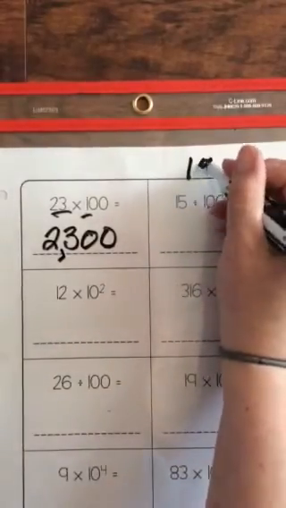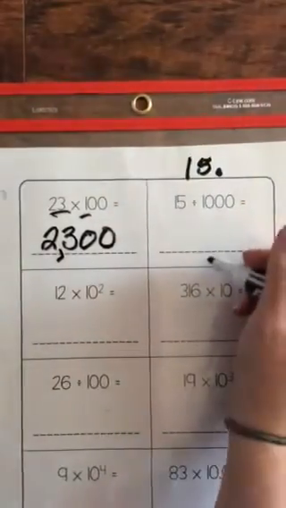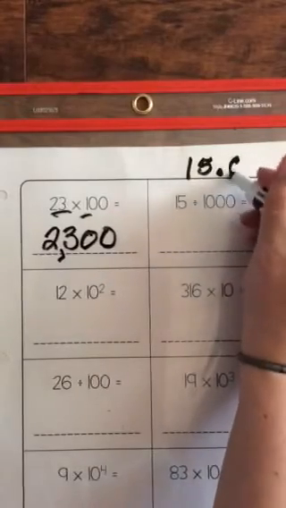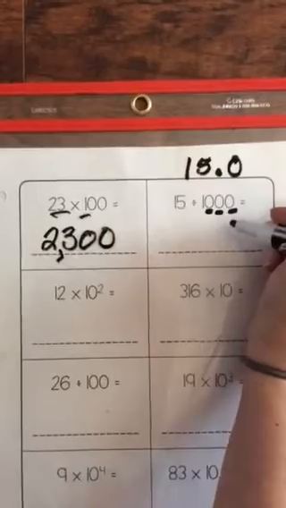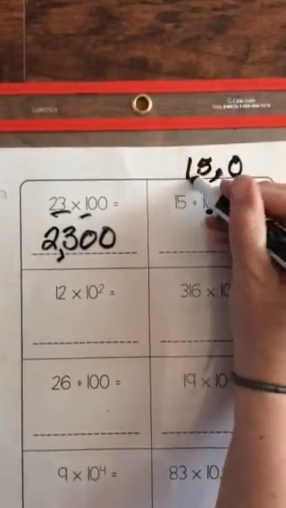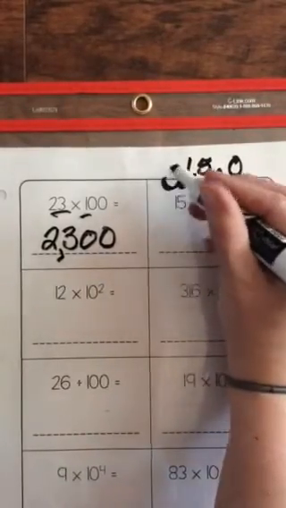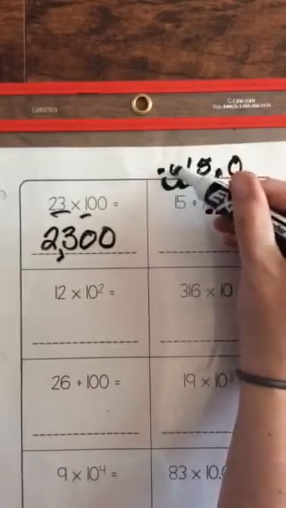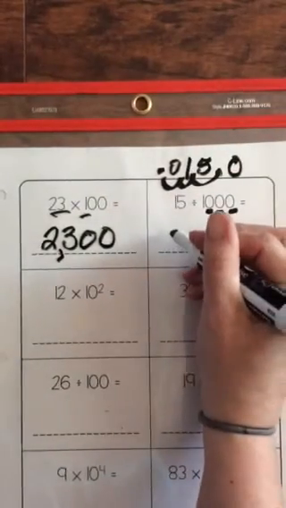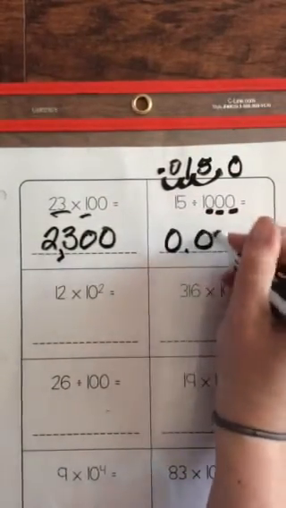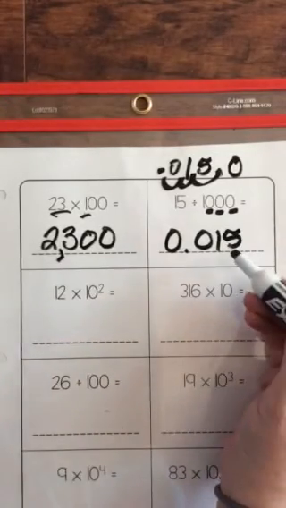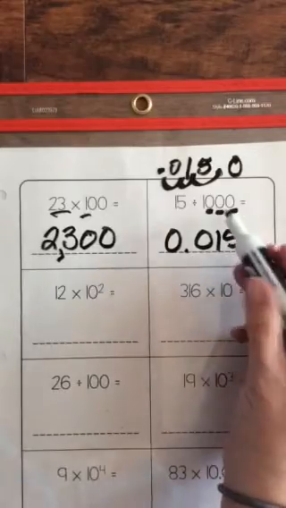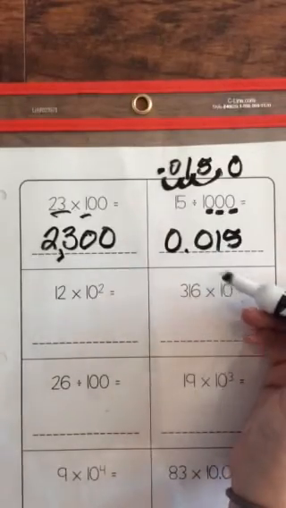So remember, with 15, we have an imaginary decimal that we're going to make visible here. And I'm going to move my decimal back 3 spaces to the left. 1, 2, 3. Because I've run out of digits, I'm going to add a 0, giving me the answer of 15 thousandths, because I'm in the thousandths place. So that answer makes sense.